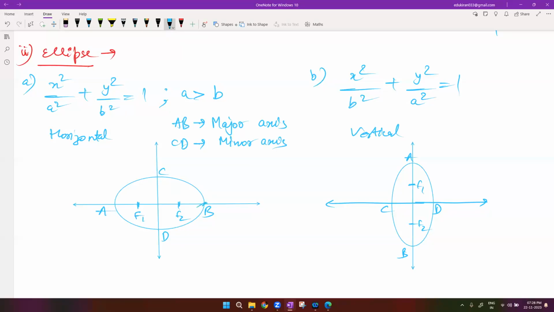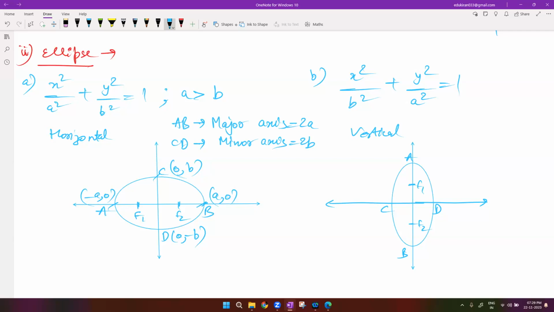So this point B is (a, 0), and this point A is (-a, 0). Similarly, this point C is (0, b), and D will be (0, -b). So the length of your major axis is 2a, and the length of your minor axis is 2b.